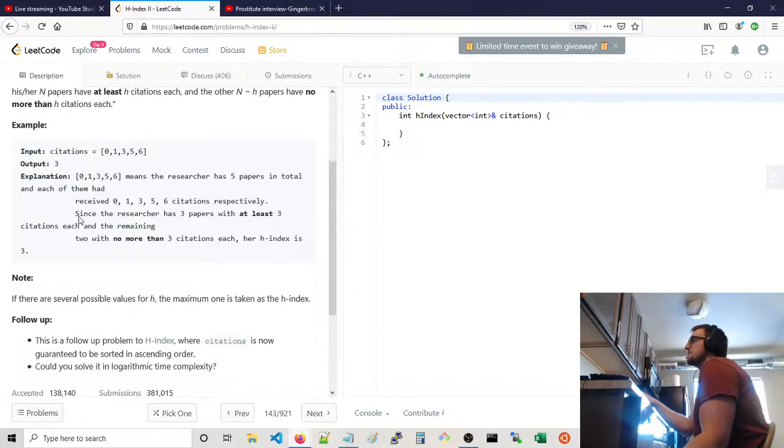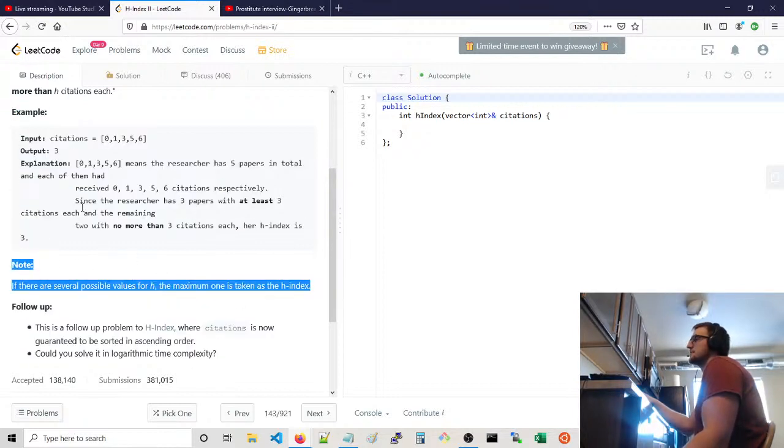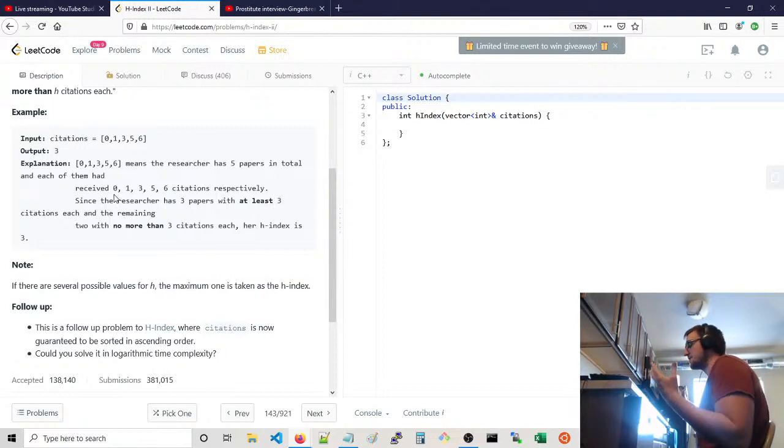Now, what's interesting though is they're suggesting there's an added part of this. There's a way to do this also if it wasn't sorted, in linear time. Obviously you could sort it and then do the same thing, but you can actually create a frequency map, hashing all of the numbers to their respective places, and all the numbers that go outside of n. So each value would be its own index.